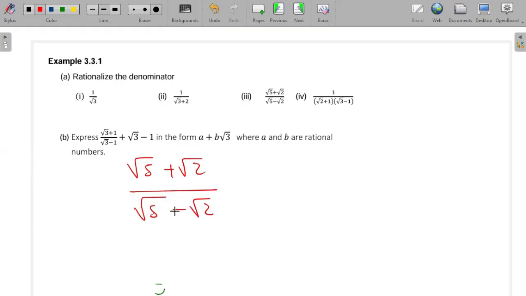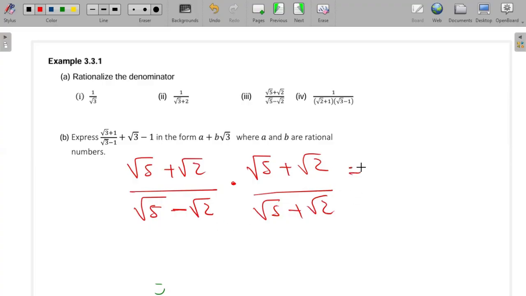Here you multiply by the conjugate of what is in the denominator. The denominator is square root of 5 minus square root of 2, so the sign will change from negative to positive. The conjugate will be square root of 5 plus square root of 2, in both the numerator and the denominator.